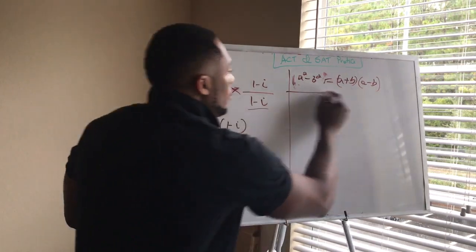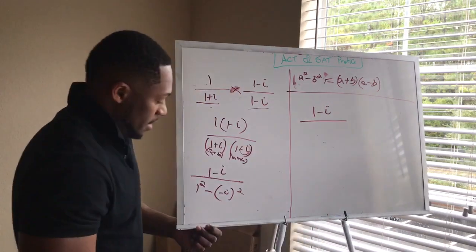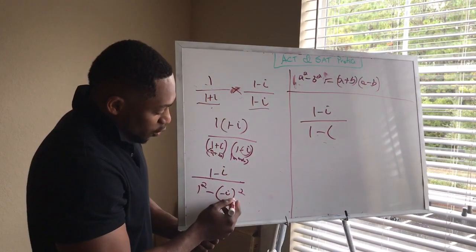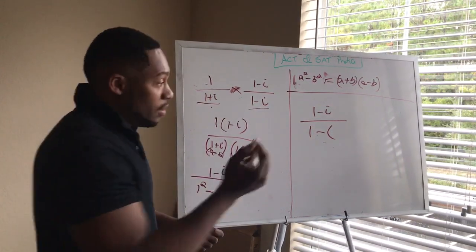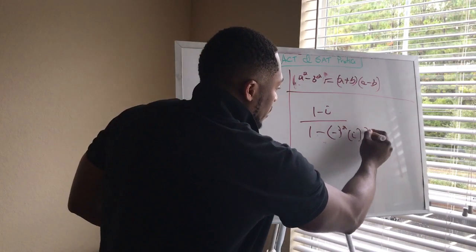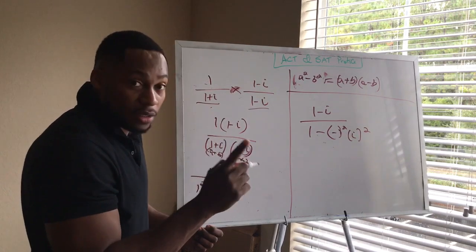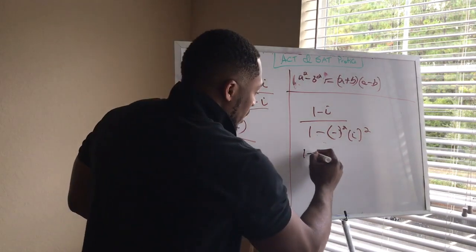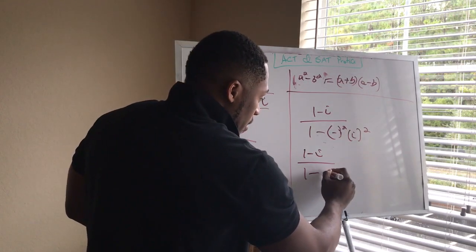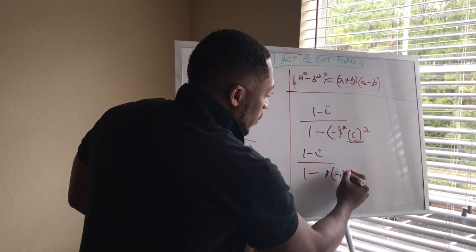So what do we have? 1 minus i divided by 1 squared minus negative i squared, which is negative 1 squared times i squared. Negative 1 squared is 1, so it's 1 times i squared, which is -1.